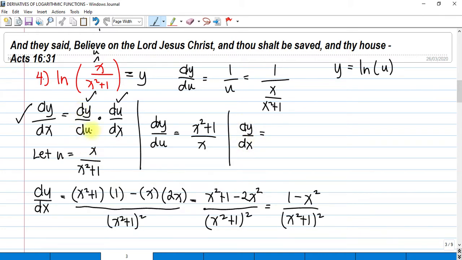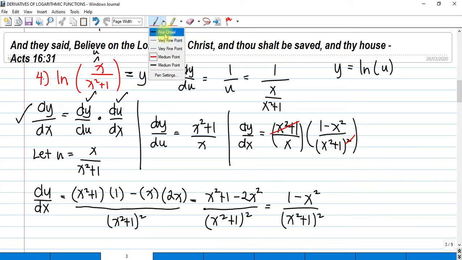We're going to multiply dy over du, which is x squared plus 1 over x, with the du over dx. Our du over dx is 1 minus x squared over x squared plus 1 squared. So what will happen? This x squared plus 1 would be cancelled by one term here.